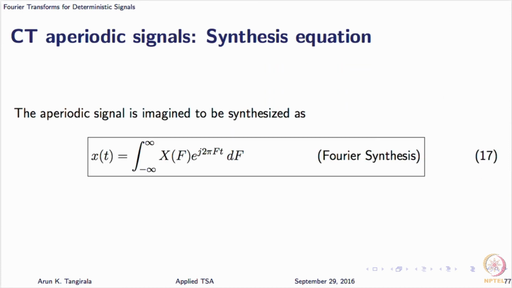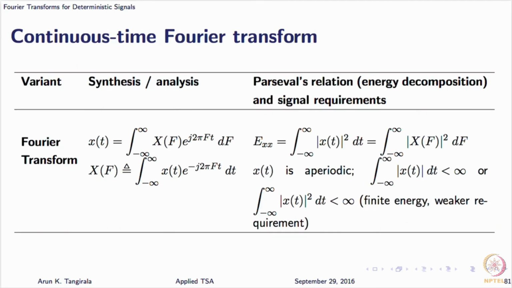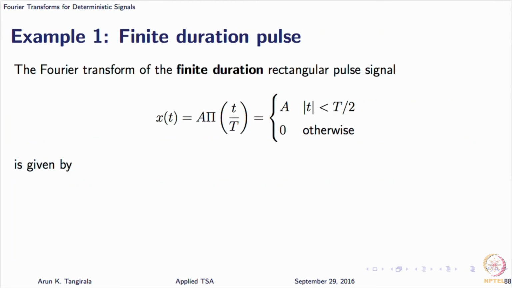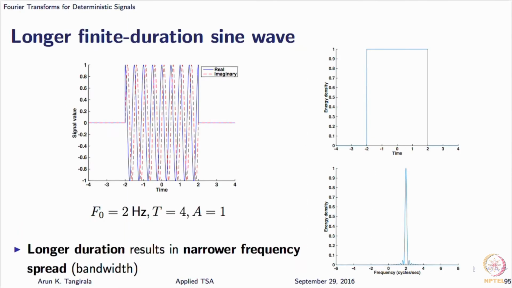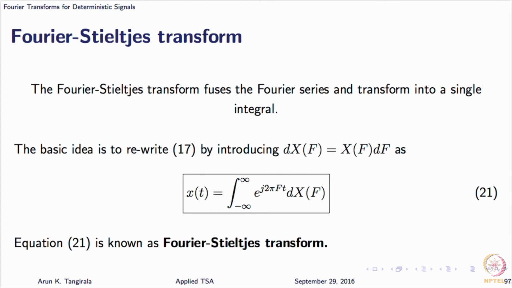So, you have this X(f) e^(j2πft) df. Replace this X(f) df with some increment, think of it as an increment in X(f), that is what it says. So, when you do that, you get this expression. All we are doing is rewriting the synthesis equation using this dX(f), that is all we are doing. Now, what is the advantage of this?